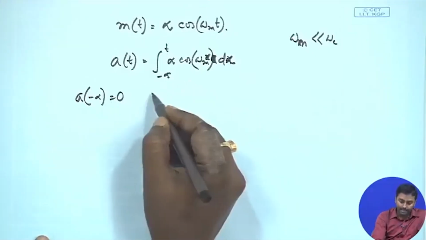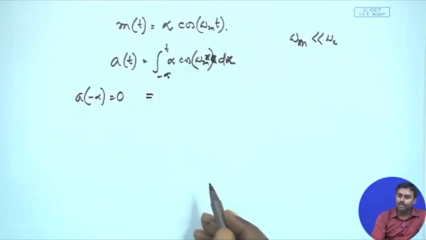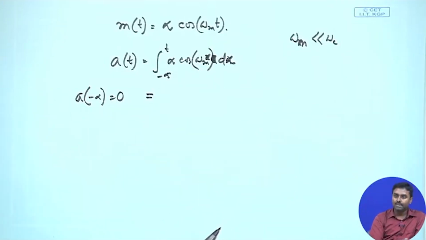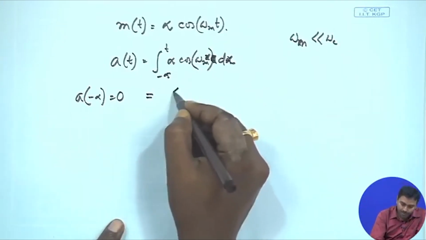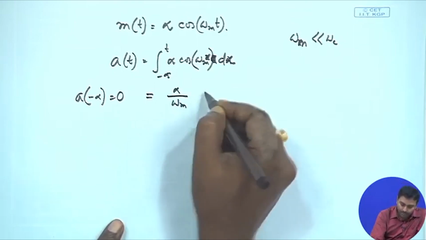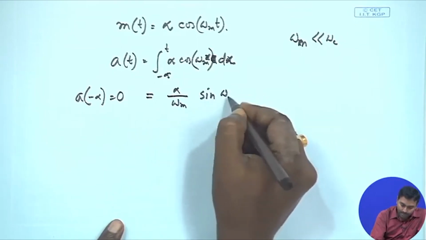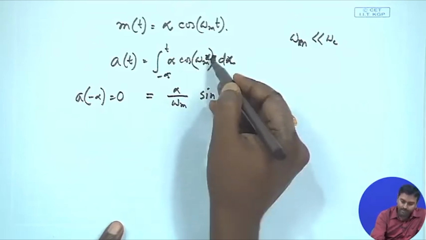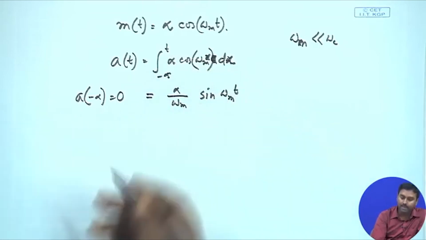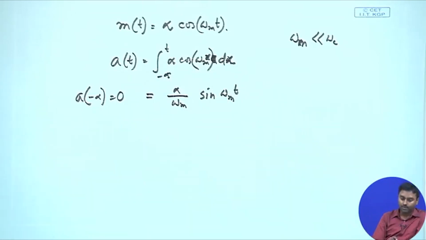So, then immediately I can write this as the integration of that, putting in t. So, this should be alpha divided by omega m, sine omega m, and in place of x I will put t, because at minus infinity I know it is 0. So, this is my A(t), right.